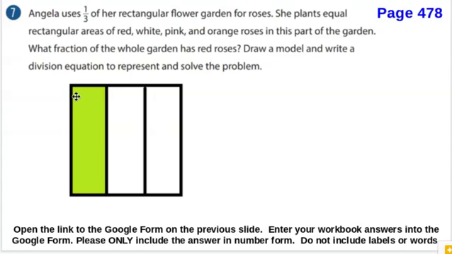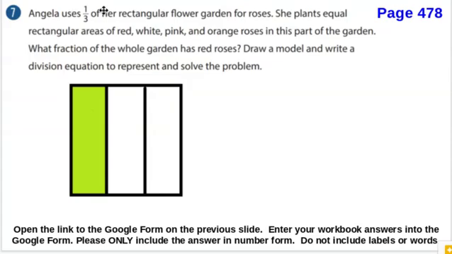So you can see that this piece right here represents 1/3 of the whole entire garden. And this piece here is going to be used for all of the roses. So the red, the white, the pink, and the orange roses are each going to get their own space within this green section of the garden.